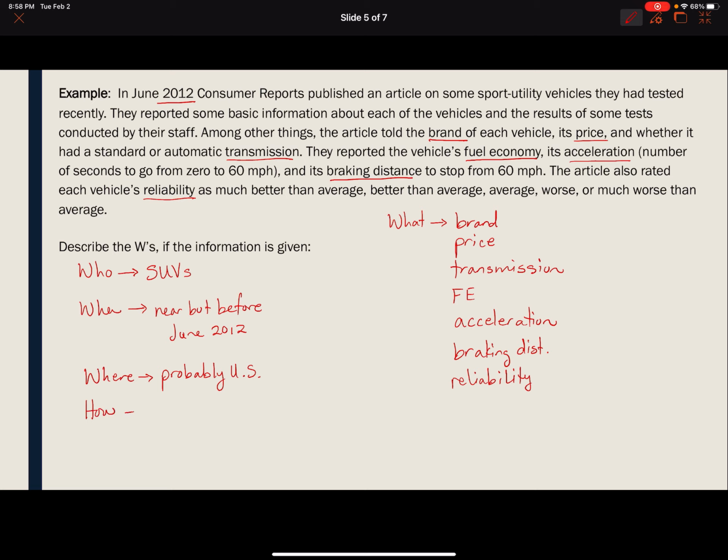We don't have a lot of information here. It didn't say that the sport utility vehicles were randomly selected. It just says that they collected some basic information and they ran some tests. So we're going to say they ran tests and collected basic info.